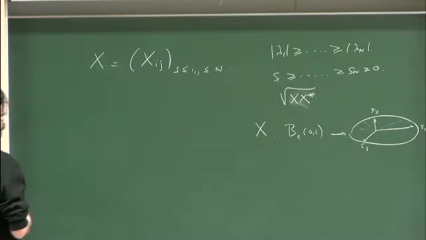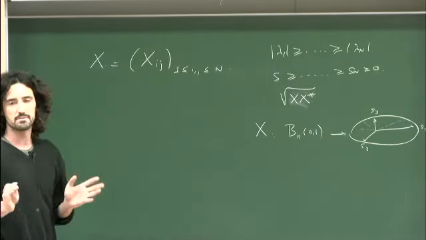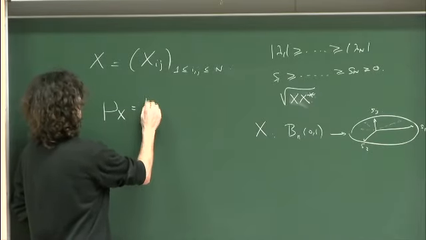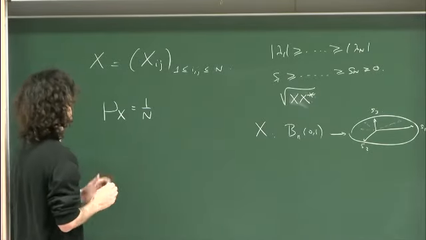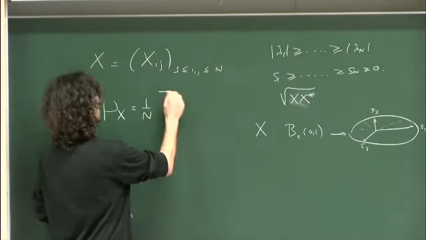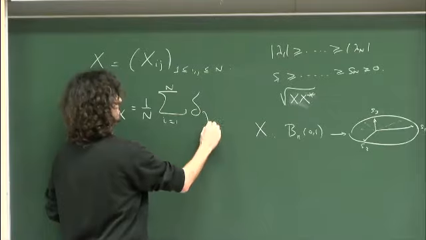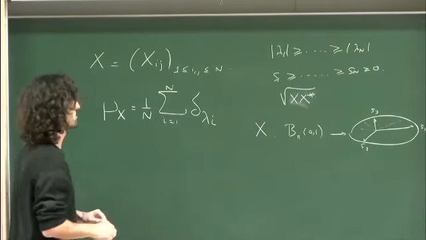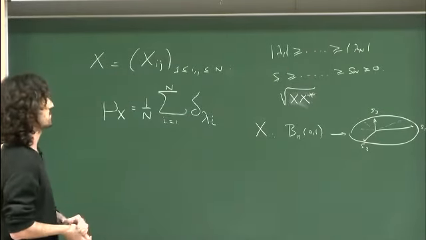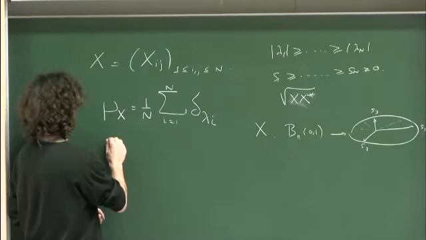Okay. So in this talk, I will mainly be concerned with what is called the global spectrum. What does it mean? I will just mention results about the empirical distribution of the eigenvalues. From the eigenvalues, you build a probability measure which puts mass 1 over n on each eigenvalue.